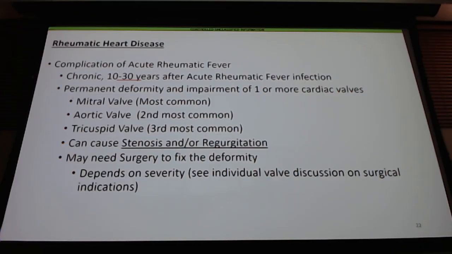And typically, the valves that are most commonly damaged are mitral is the most common, aortic is the second, and tricuspid is the third. And it may be either a stenotic or a regurgitation murmur that develops from this valvular damage.